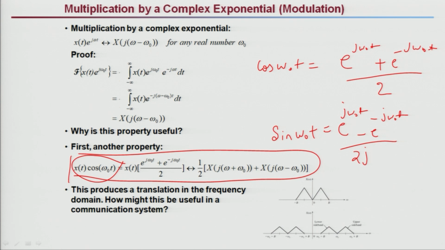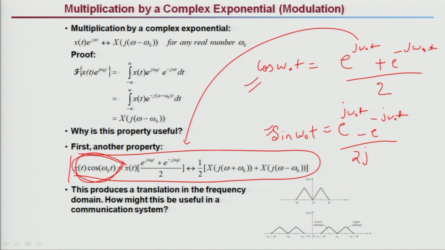This is how we represent cos omega naught t and sin omega naught t using complex exponentials. So, if you are required to find the Fourier transform of x t into cos omega naught t, just replace cos omega naught t by this result.